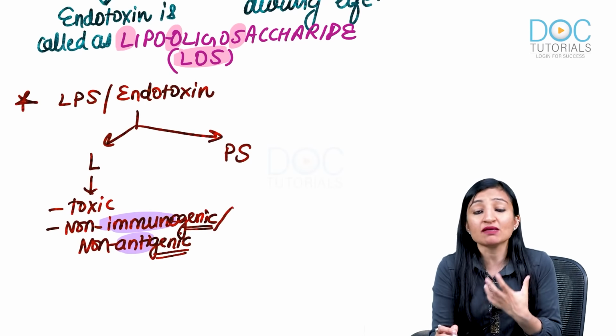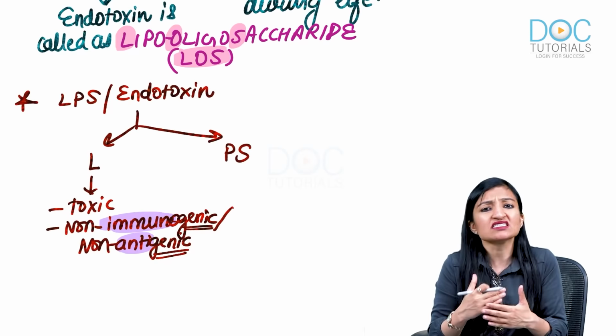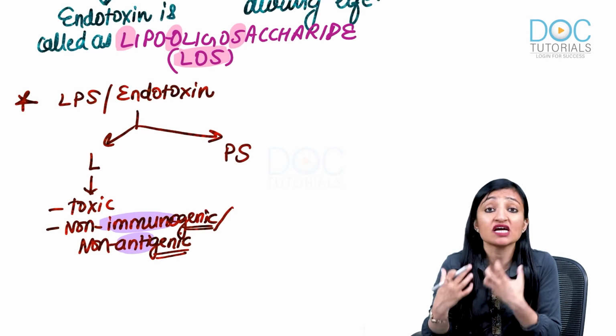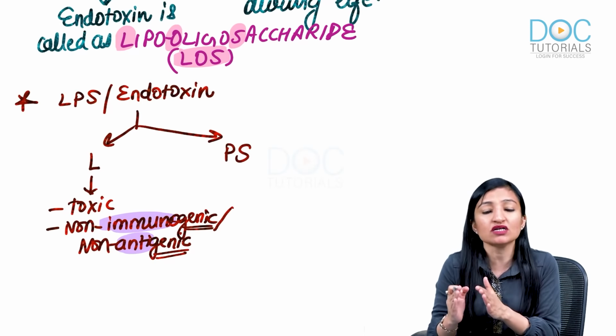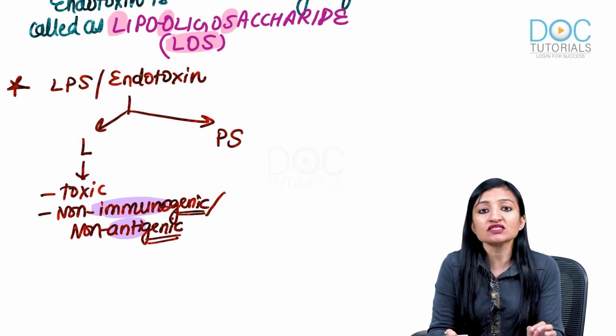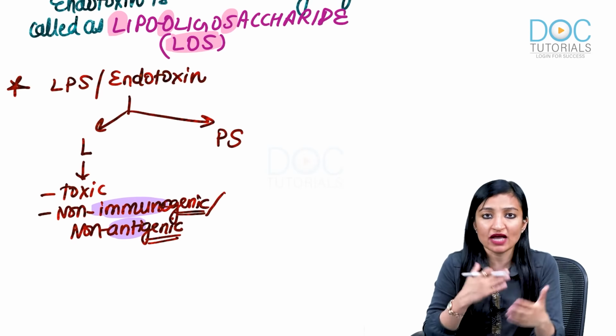Obviously we would want our immune system to step up and help us by producing some antibodies or some other immunologically active structure against it. But sadly the lipid part is non-immunogenic or non-antigenic, which is bad news for us, because against the lipid part we won't be able to produce antibodies.